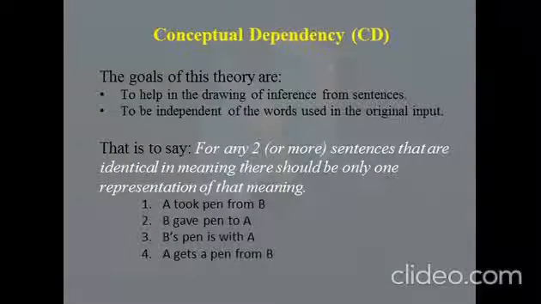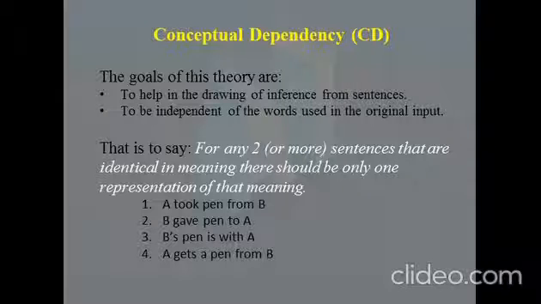So the goals of this theory are to help in drawing inference from sentences. We should draw some information from the sentence so that there will not be many sentences for inferring something, and it is independent of the words used in the original input.